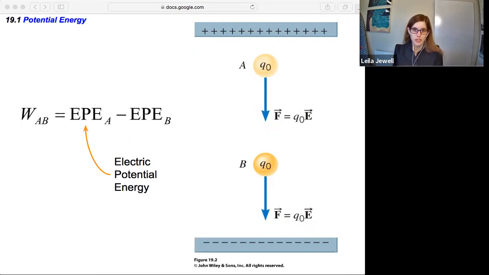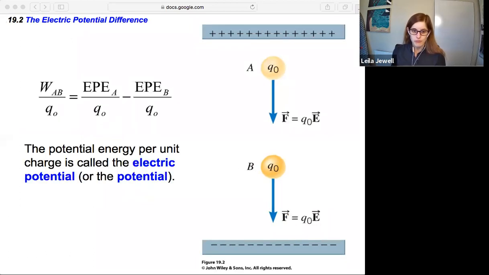We'll come back to it a little bit more, but to introduce electric potential, we're going to divide each of these terms by the charge. So if we divide the work done in moving from A to B, the electric potential energy at A and the electric potential energy at B, all by the amount of charge Q0 present, then that gives us the potential energy per unit charge, which is defined as the electric potential, or oftentimes just the potential.